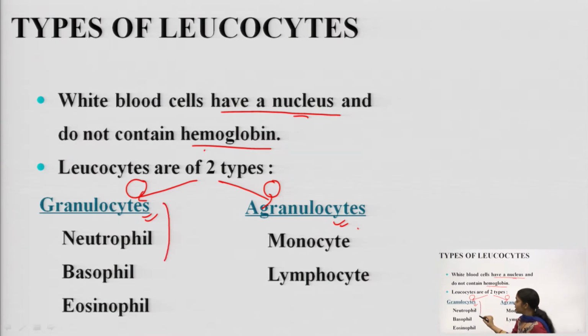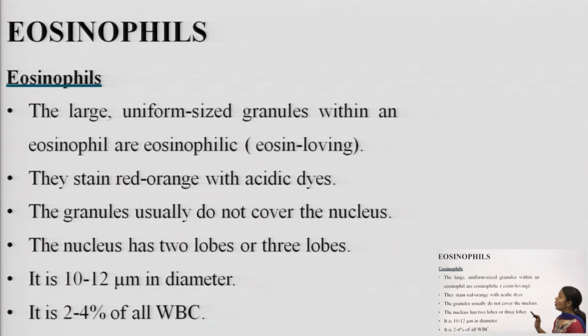The granulocytes are of three types, neutrophil, basophil and eosinophil, while the agranulocytes are the monocytes and the lymphocytes.